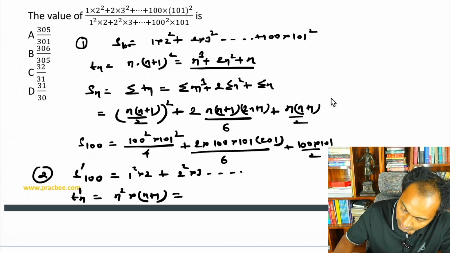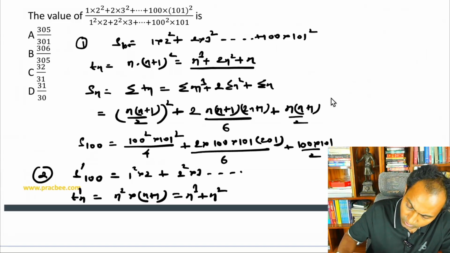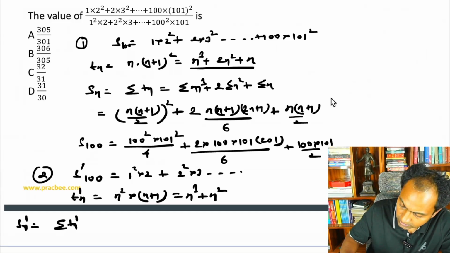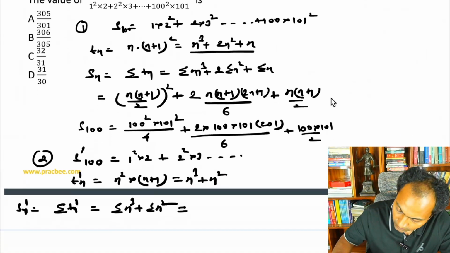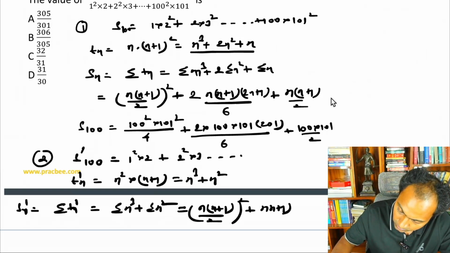If I simplify, this becomes n cube plus n square, and summation of T dash n will give us nothing but the value of S dash n. It is summation of n cube plus summation of n square. I can substitute the value, it becomes (n into n plus 1 by 2) whole square plus n into n plus 1 into 2n plus 1 by 6.